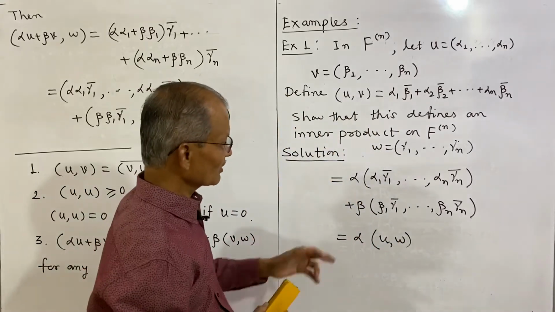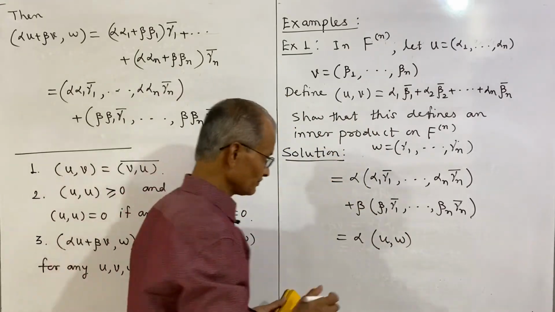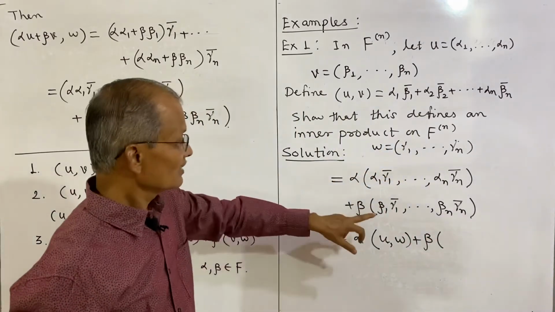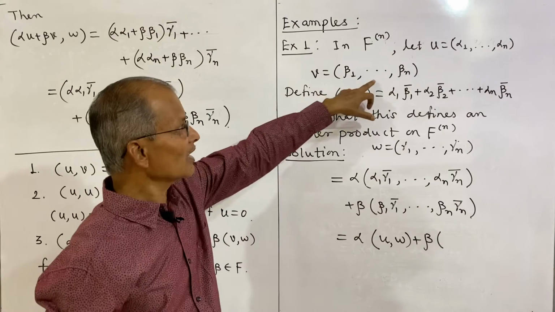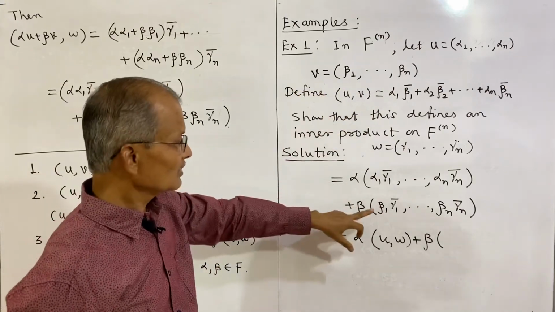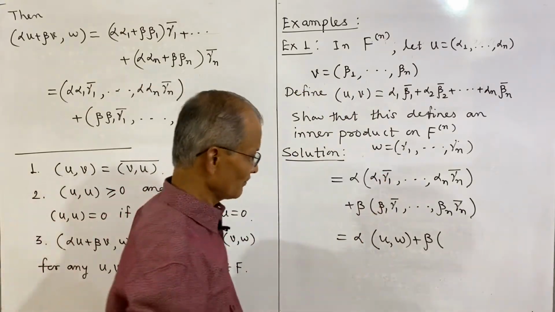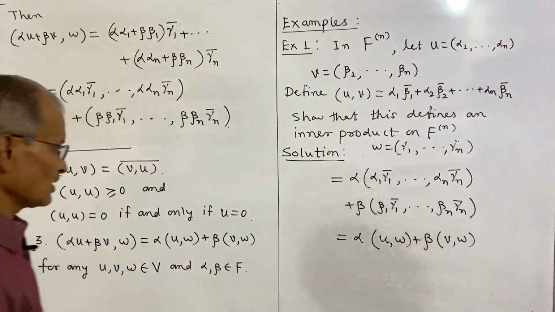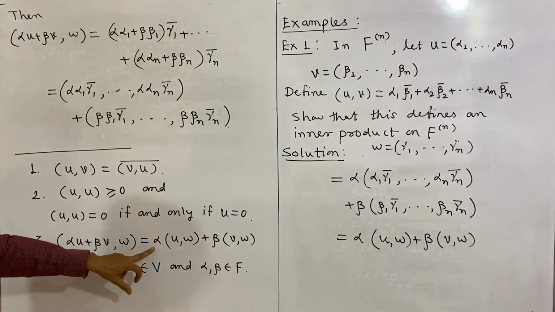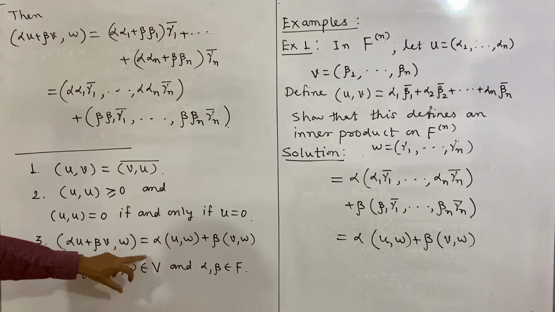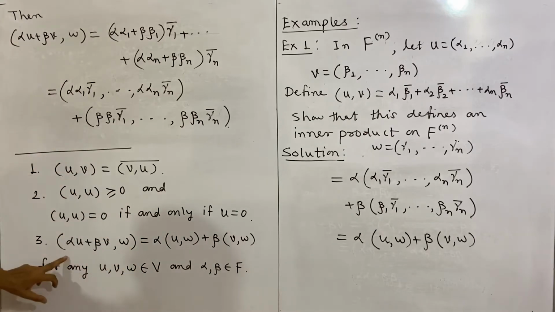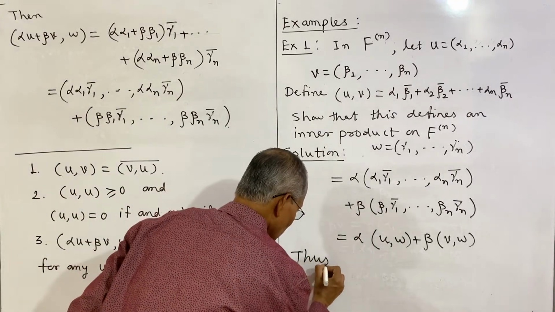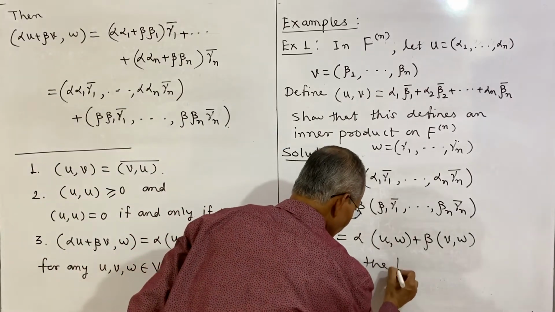And what about this second plus? Betas are components of v, so this is inner product of v and w, and thus you see this is the right side we have obtained, and this shows that the third property is also satisfied.